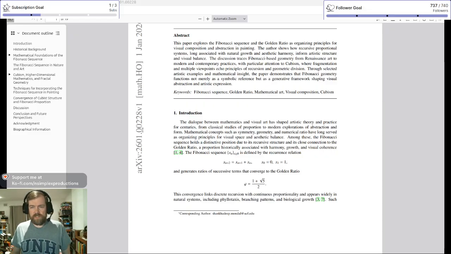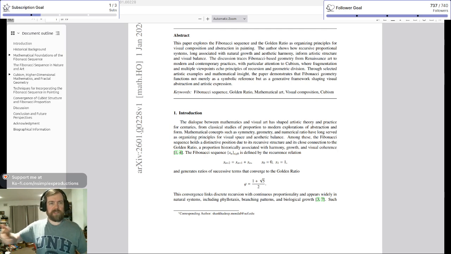This convergence links discrete recursion with continuous proportionality and appears widely in natural systems, including phyllotaxis, branching patterns, and biological growth. In theory. But again, evolution is not quite so perfect. And things tend toward that number, sure, but there are also multiple other numbers that they tend toward because they are the most efficient for a particular shape.